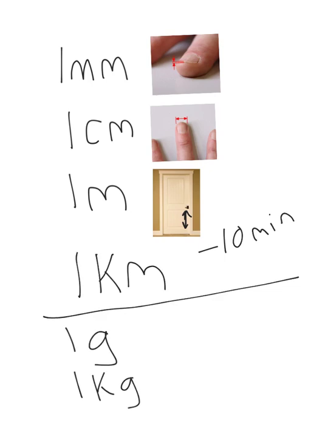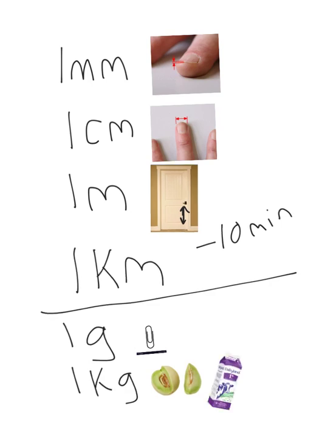In terms of weight, today we're going to talk about 1 gram versus 1 kilogram. When you think of 1 gram, that's about the weight of 1 paperclip, whereas 1 kilogram is about the weight of a honeydew melon or a 1 liter carton of milk.